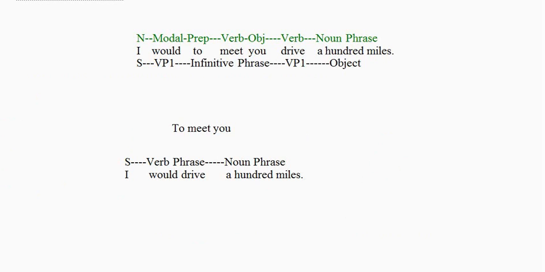For the third example, we have I would, to meet you, drive 100 miles. So once again, all the word forms are fine, but basically this follows the prepositional phrase sentence pattern. So let's jump back to that.